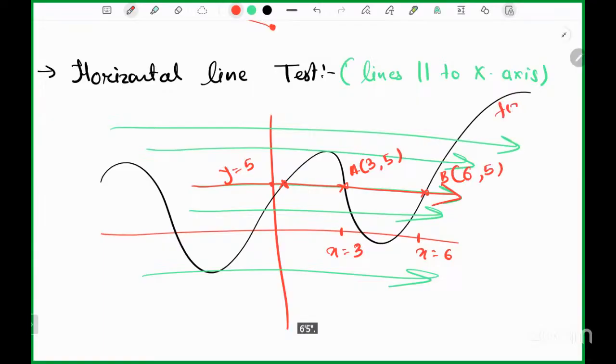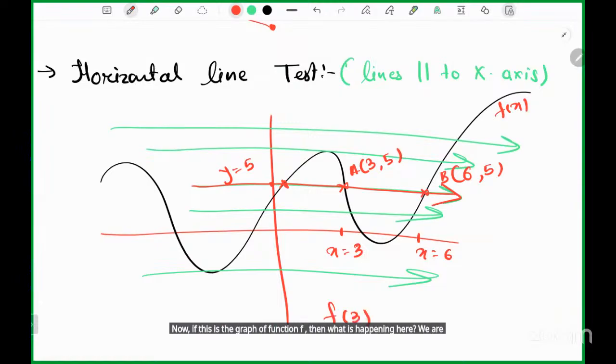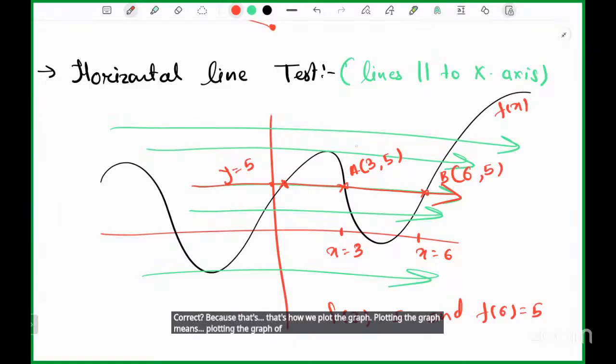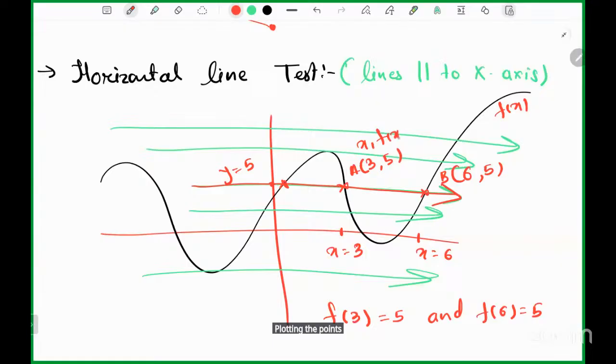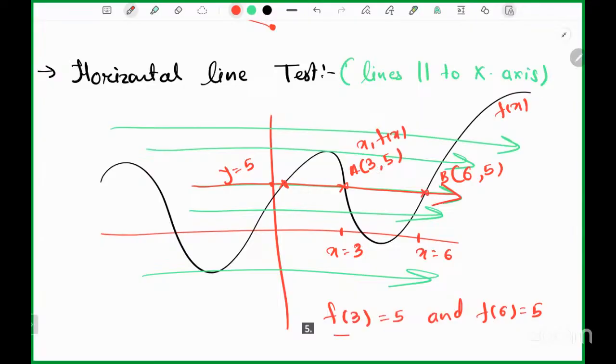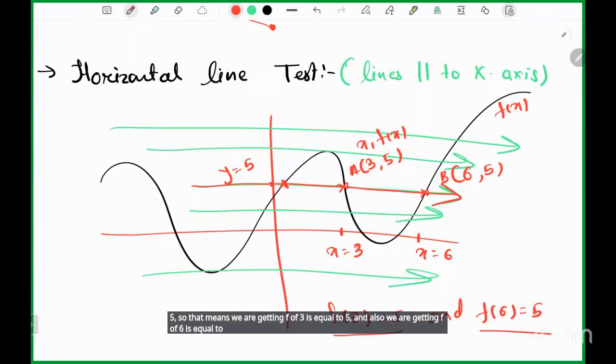Now, if this is the graph of the function f of x, then what is happening here? We are getting f of 3 equals 5, and also f of 6 equals 5. Correct? Because that's how we plot the graph. Plotting the graph of a function means plotting the points x comma f of x. So if point A is lying on this graph, that means at x equals 3, the output of the function is 5.